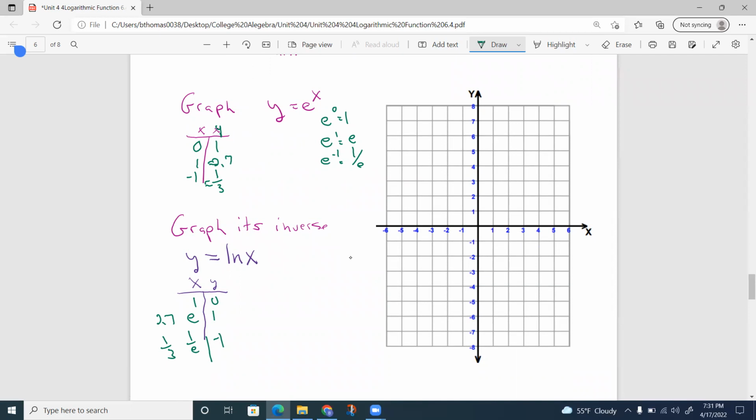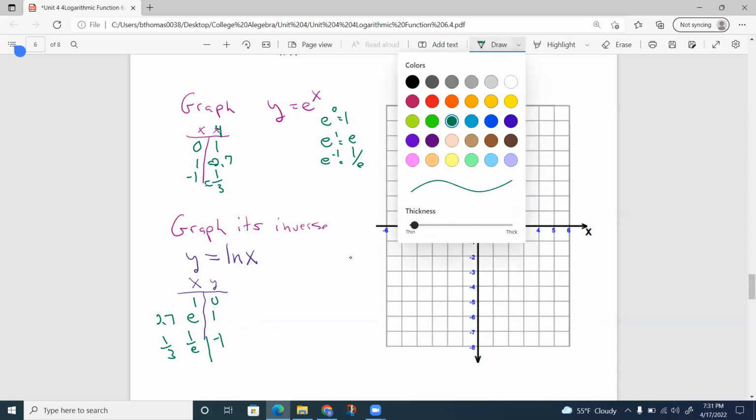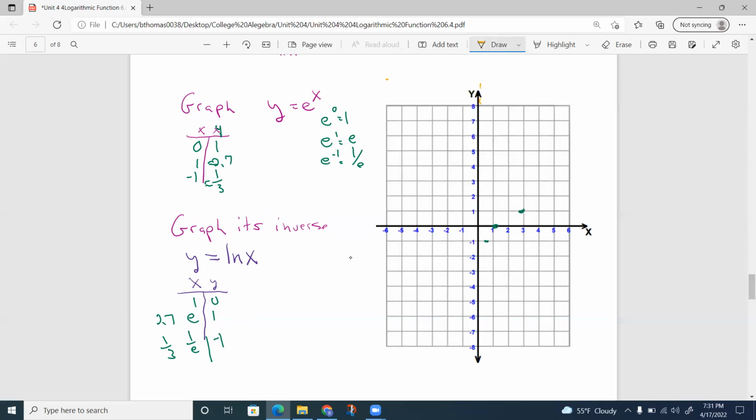So 1, 0 would be a key point. Instead of e, 1, we do 2.7, so it's about here. And instead of doing 1 over e, negative 1, we use 1/3, negative 1 as an estimation. Notice how, again, the y-axis is our vertical asymptote there. So we'd have this vertical asymptote going down through here.